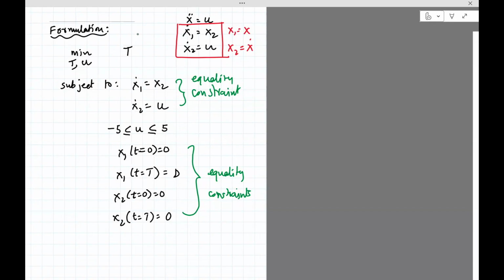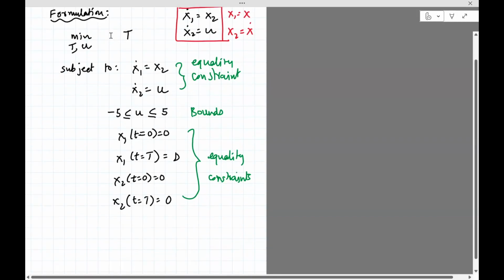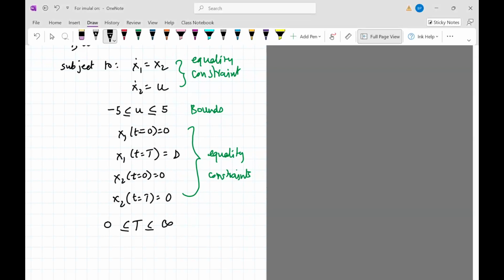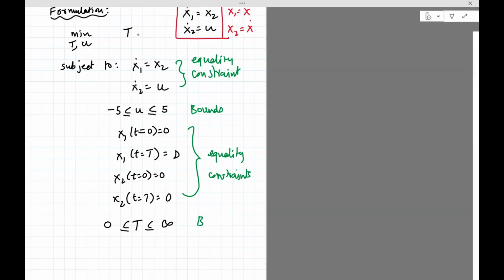Okay. I will not say they are linear or not linear, because that depends on how I try to do the parameter optimization problem, which will come later. And these are the bounds on the controls. Okay, and the time T, well, I should also put a constraint on that. So the time T can be anywhere between 0 to infinity. That's also a bound. There's no negative time.